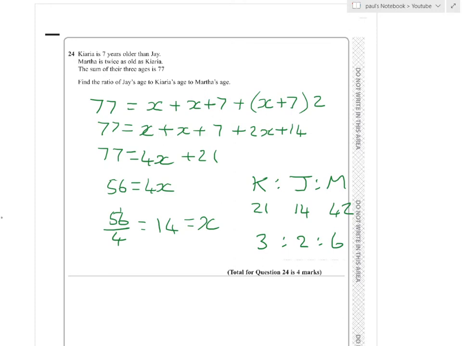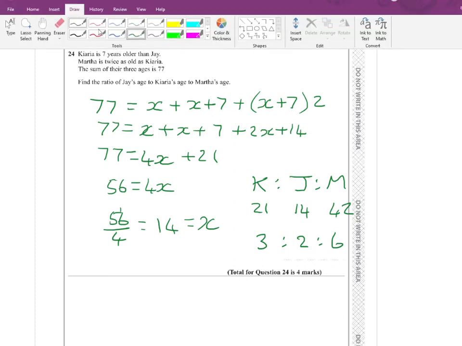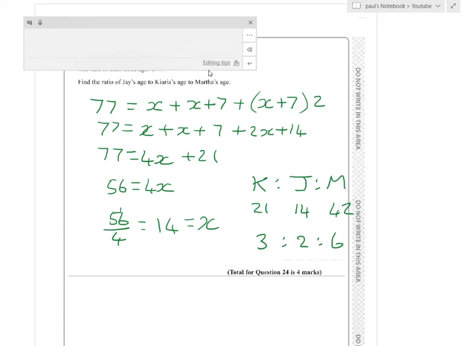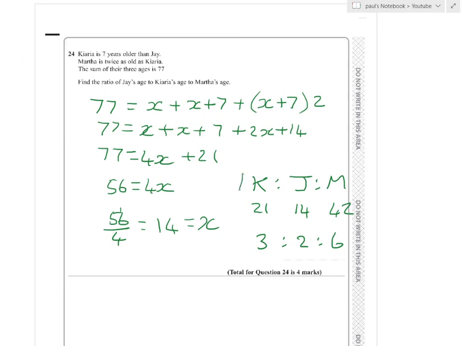Oh, they didn't simplify it. Perhaps you don't need to simplify it. I'll go with that, because that's the actual ages. Don't need to simplify it.